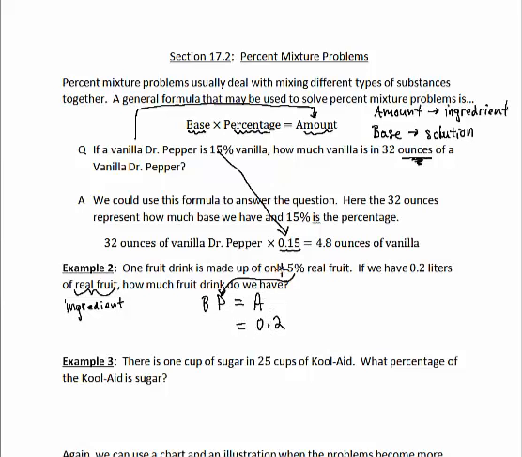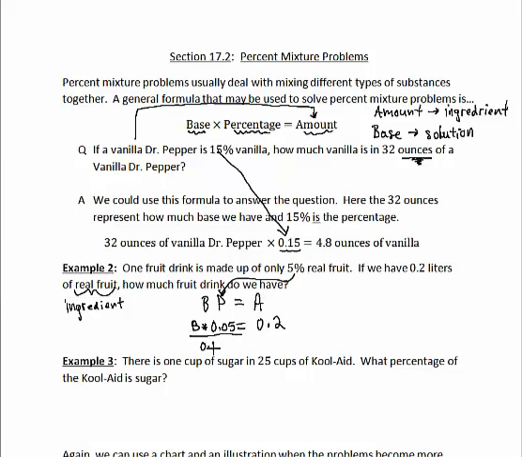Percentage, 5%, is changed to a decimal. And fruit drink is our base. It's the mixture of the real fruit and water and other things, and so you could think of it as our solution. So we have base times 0.05 equals 0.2. One step equation.